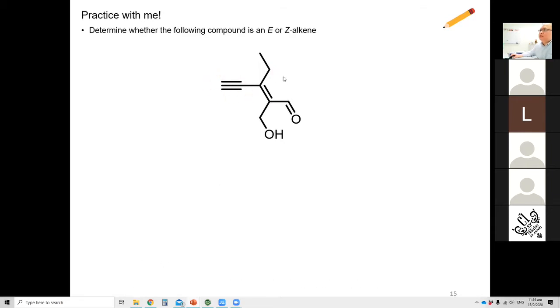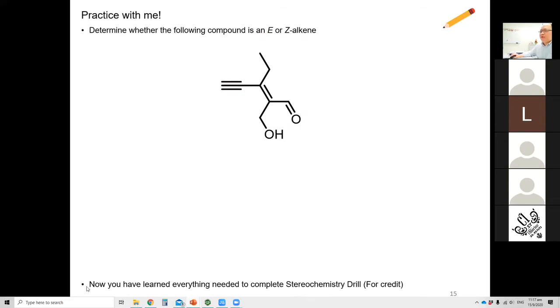And for this carbon, you have carbon with an O and two H's, so OHH. For this carbon, you have a double-bonded O, so that means OO, so this carbon has OOH. So this is higher. The two higher priority groups are on the opposite side of the double bond, which means it's E. So this is the E alkene.